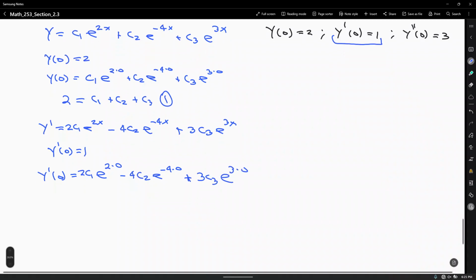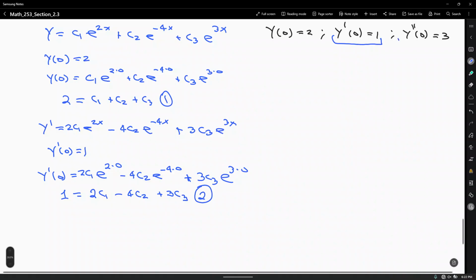Again, all these exponentials to the 0 power reduce to simply 1. So this will be 2c1 minus 4c2 plus 3c3 equal to y prime of 0, which is 1. This is our second equation. Label it as equation 2. Okay?